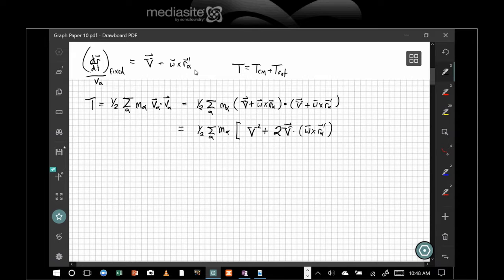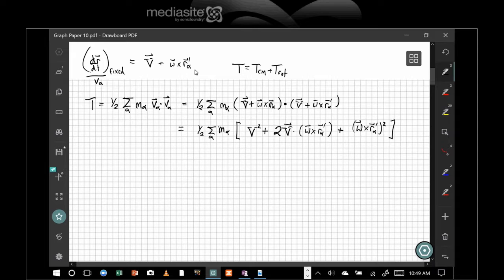Okay, we're going to look at that. And then finally, I get another term of omega cross r alpha prime dotted with itself, and you've got to be a little careful about that thing there. Now, again, that will be a scalar. Okay, that square really means a dot product with itself. Okay, so now let's look at those individual terms accordingly.